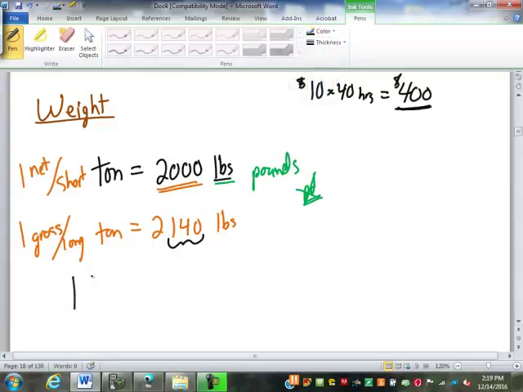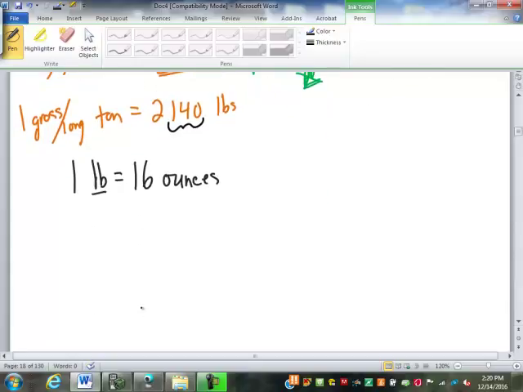Smaller than a pound, what do we have? Ounces, good. How many ounces are in a pound? 16 ounces in a pound. Now again, ounces, they use the abbreviation from the Latin word instead of from the English. And I don't remember what the Latin word for ounce is offhand, but that's where the OZ comes from.